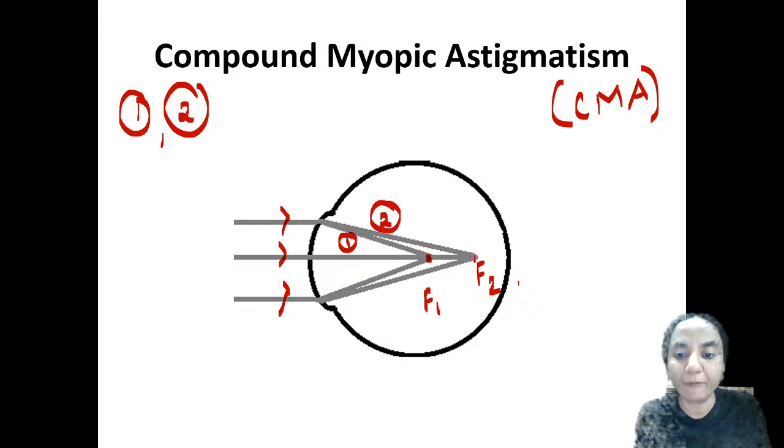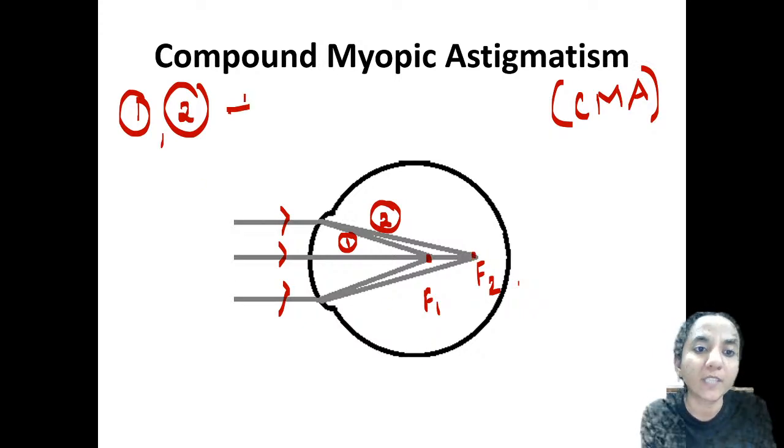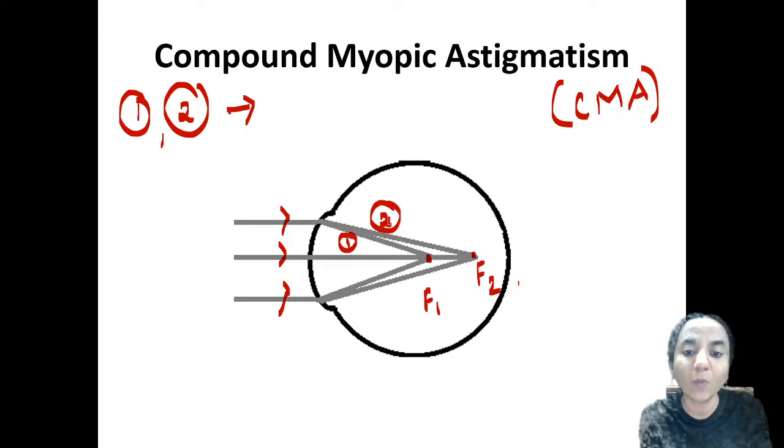Both F1 and F2 here are in front of the retina. So what should I call them? Both these axes are myopic.